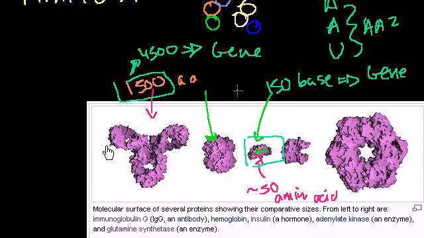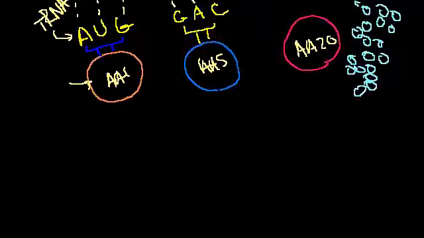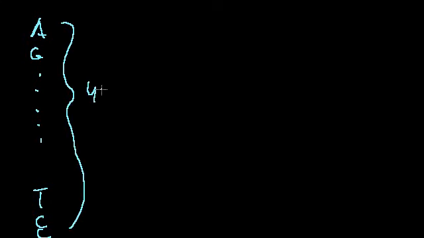Now, not all of the genes make proteins, but all of the proteins are made by genes. So let's say I have a bunch of A, G, and it goes down, and you have a T and then a C and a C, and let's say I have 4,500 of these. These could code for a protein.